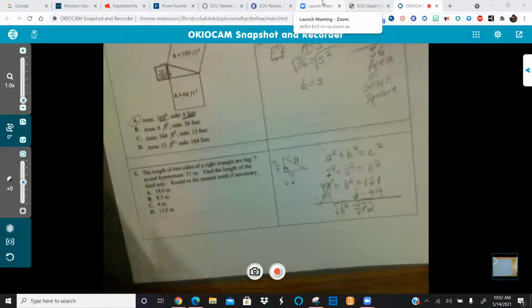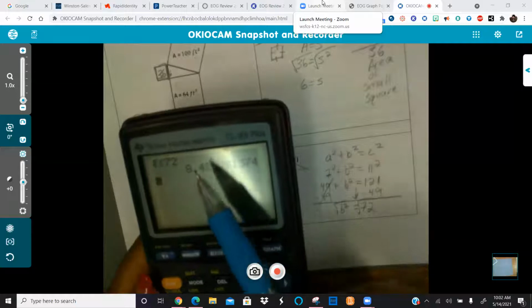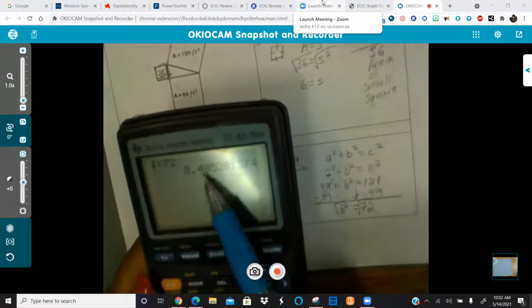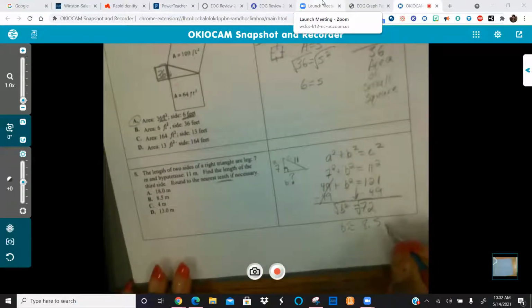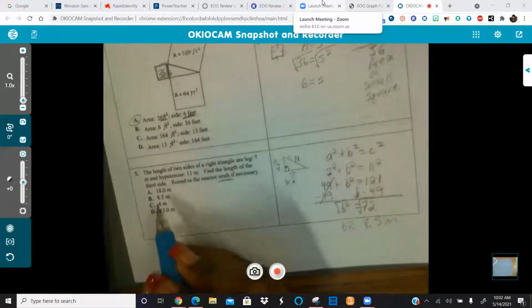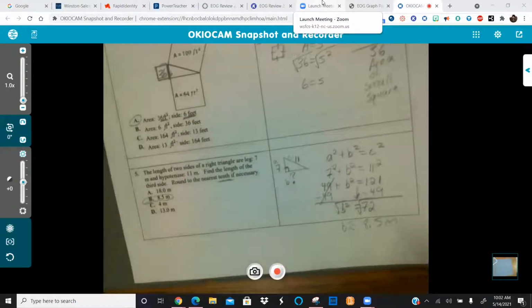It tells us to round it to the nearest tenths place, so that's one space behind the decimal. So this is 8 point what? 8.5. So B is about 8.5 meters. So what letter choice is that? B.